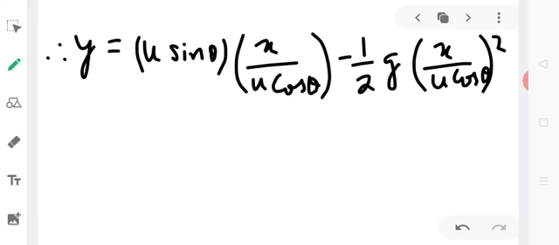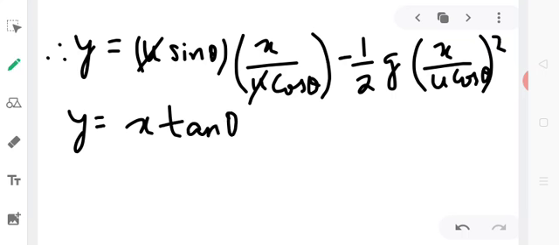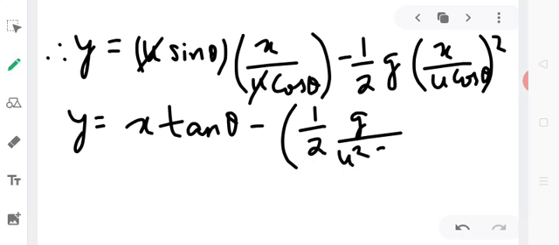Let us solve it out. u and u gets cancelled, so we get y equal to x sin theta by cos theta is tan theta, so x tan theta minus half g by u square cos square theta into x square.